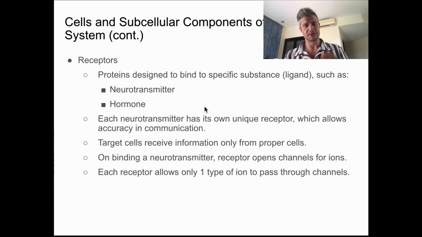Now, if you recall, receptors are these 3D protein structures that sit on the outside of cell membranes, and they have a unique receptor for each neurotransmitter or hormone it receives.